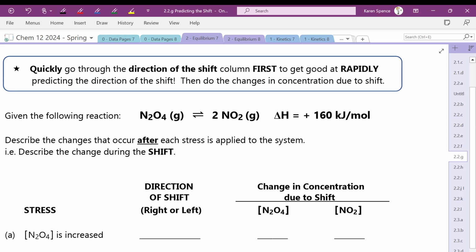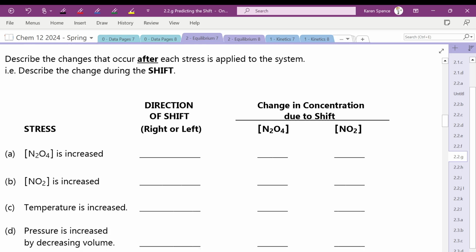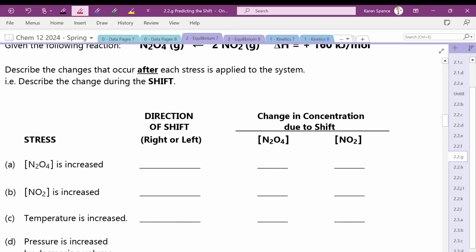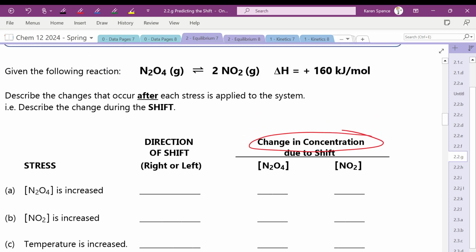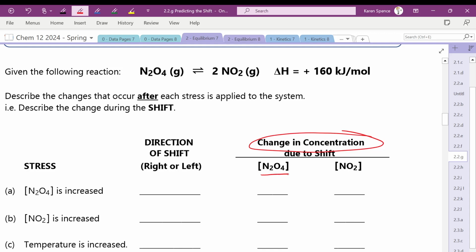You're going to do the same thing here, and the only thing is you're going to describe, so on page 2, you're going to describe the change in concentration due to the shift. And so N2O4, because it's got a coefficient of 1, let's just say N2O4 is increased, it will shift to the right.